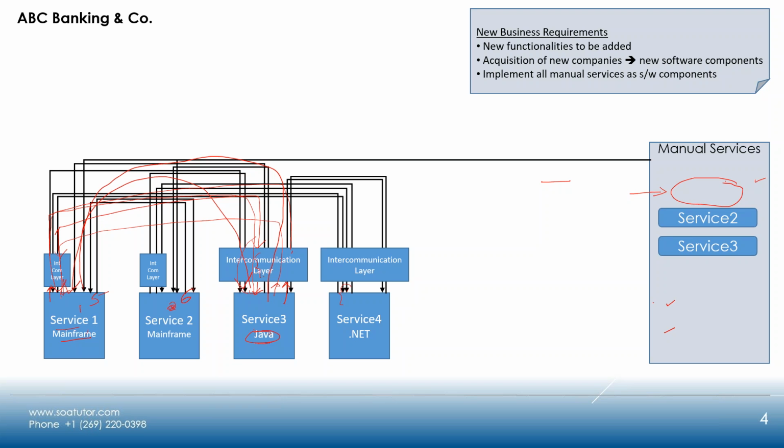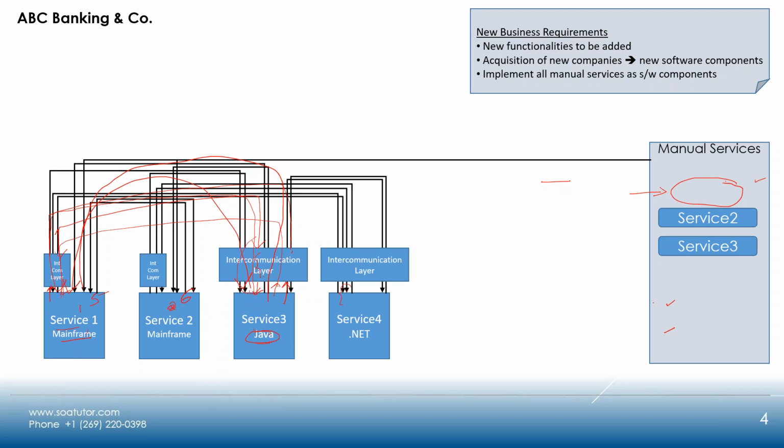Now let's assume this company has grown too much. Let's say it has acquired new companies, and it has come up with new functionalities like reward points, which was not there till now. So they want it as a software component, or they have acquired new companies. Obviously when you acquire a company, the acquired company would have some software components, right?